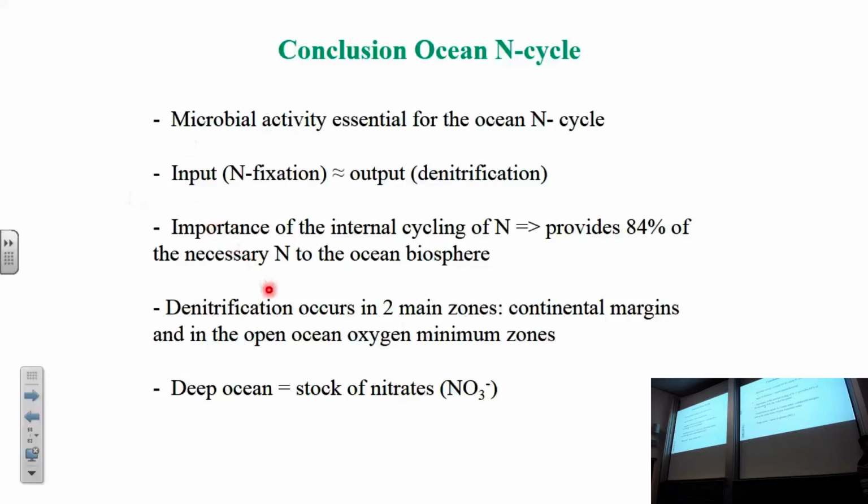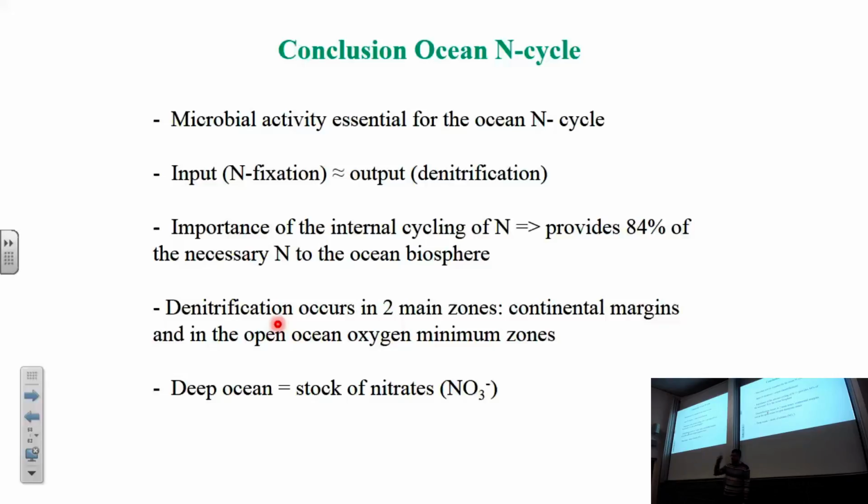And this process of denitrification, this output term, is really dependent on how much oxygen we have in the water. How much oxygen we have in the water is determined by the carbon cycle, so how much organic carbon is produced in the surface ocean and then sinks down into the deep ocean, and also by the physical circulation of the ocean.